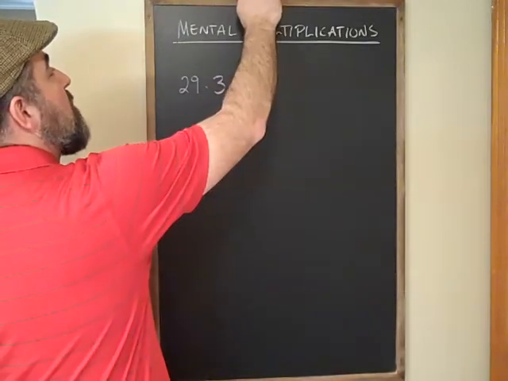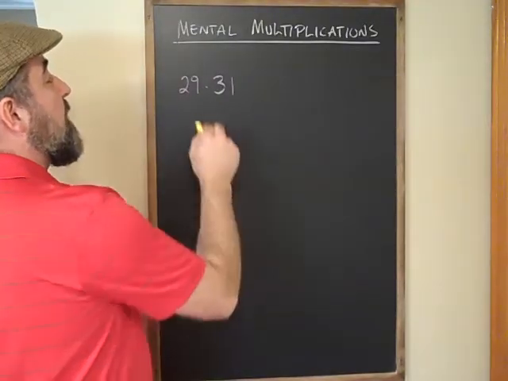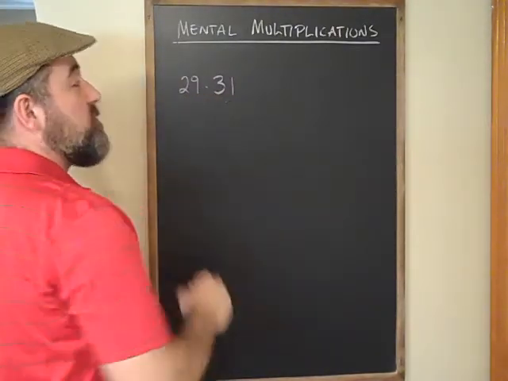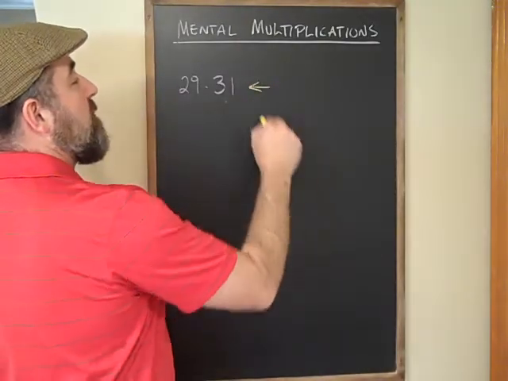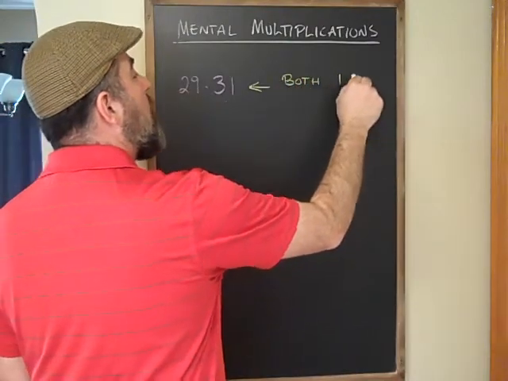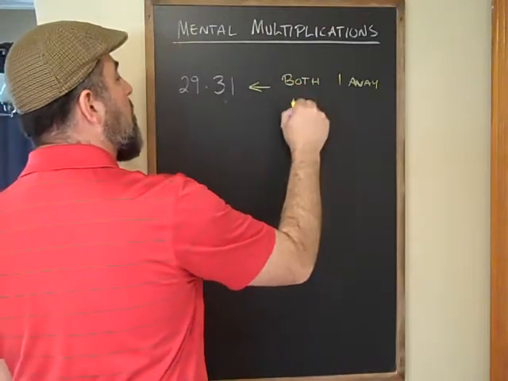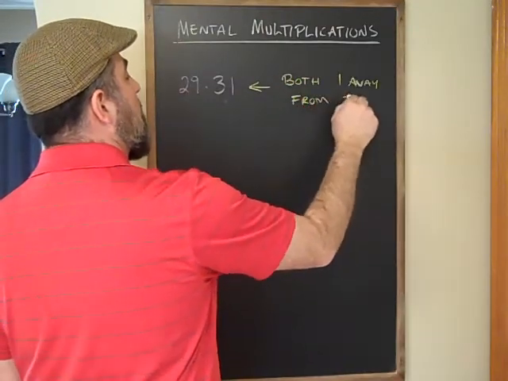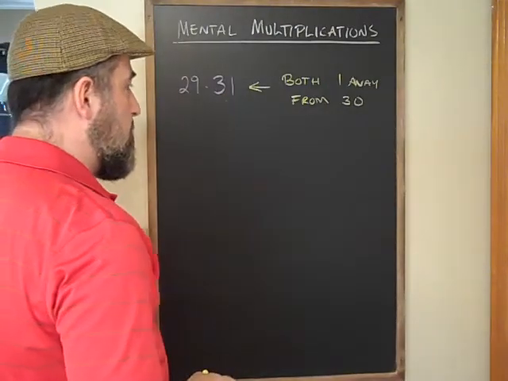The thing you need to notice about these first two numbers being multiplied, 29 and 31, is they're both awfully darn close to 30. In fact, they are both one away from 30. This is one less than 30, this is one more than 30.